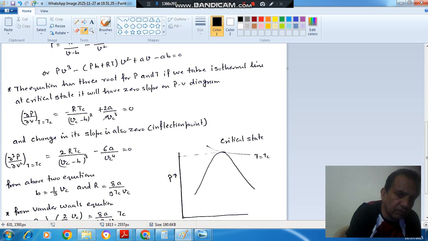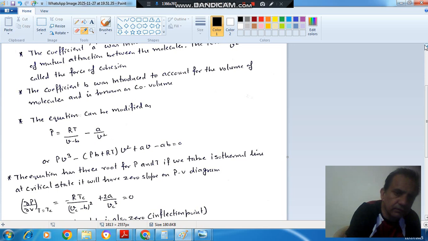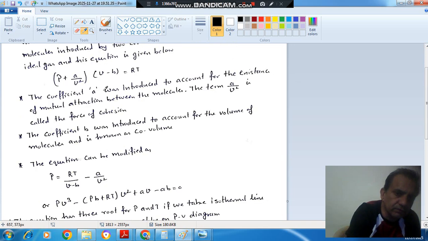So solving these two equations, you will get b = vc/3 and R = 8a/(9 Tc vc). Now you put the value of R and b in the original equation, and you will get the value of a.